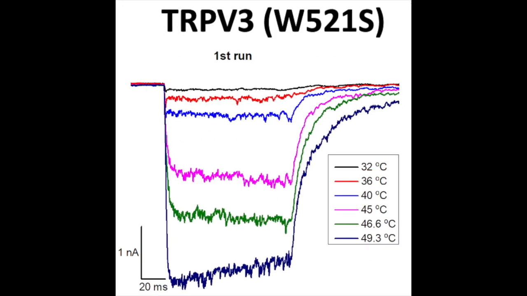And here we have our next TRPV3 mutant. So this is mutated at tryptophan 521. And again, we can see from the patch clamp that at baseline 37 degrees body temperature, there's already some current being let in through these channels, which indicates that this channel, similar to the last mutant variant, is open and active at baseline body temperature.